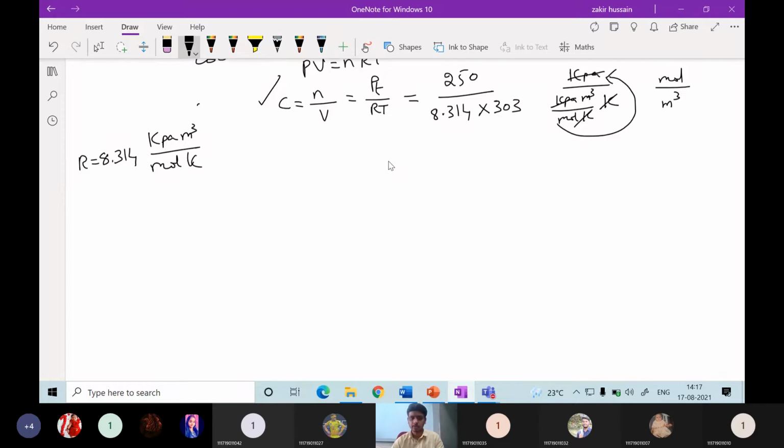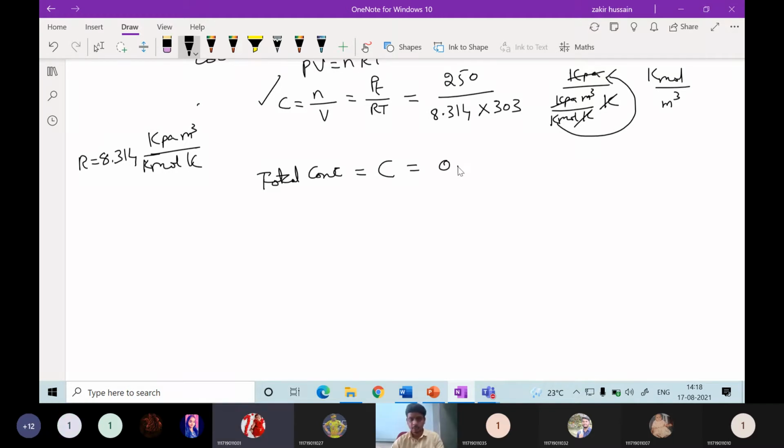Total concentration C is equal to... I think this is kilomole, not mole. Kilopascal meter cube per kilomole degree Kelvin, so you will get the answer in kilomole. What is the answer for this one?